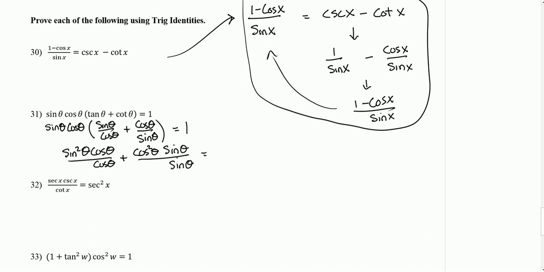And we still want to show that's equal to 1. The cosine thetas cancel out, the sine thetas cancel out, and we end up with sine squared theta plus cosine squared theta is equal to 1. And that's a trig identity, so we end up with 1 equals 1, and that proves number 31.